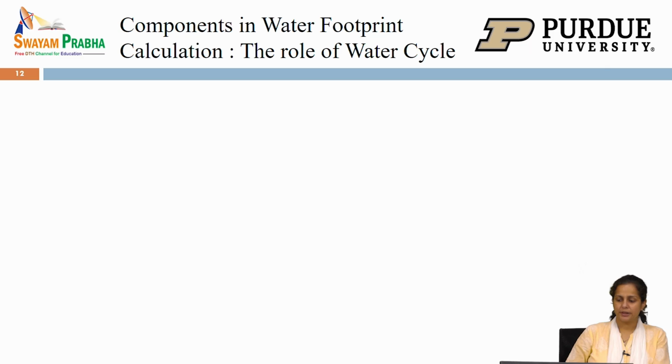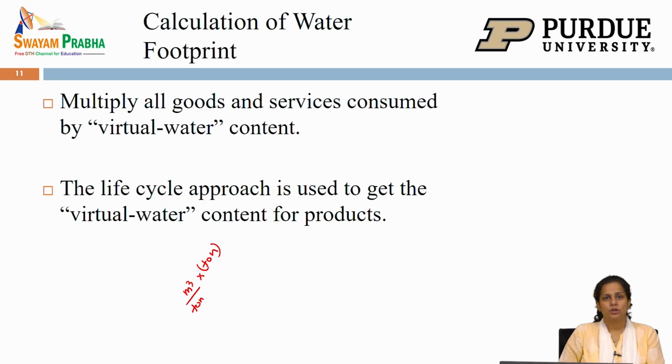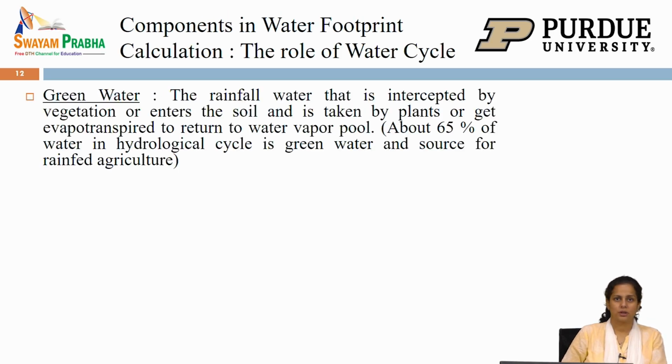There is another idea in terms of the water cycle. So, remember that we started with this idea of water cycle that is being affected due to the water consumption. There are three types of water components that are seen for the water footprint. One is the green water. When the rain falls on the ground, it is intercepted by all the ecological systems, and some of the water goes to the soil and that goes into the plants.